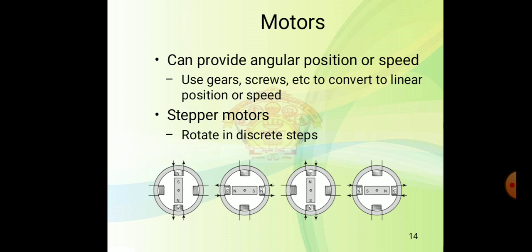In the diagram, there are 4 coils. The supply to the coils is given in sequence, such that the rotor will automatically rotate.